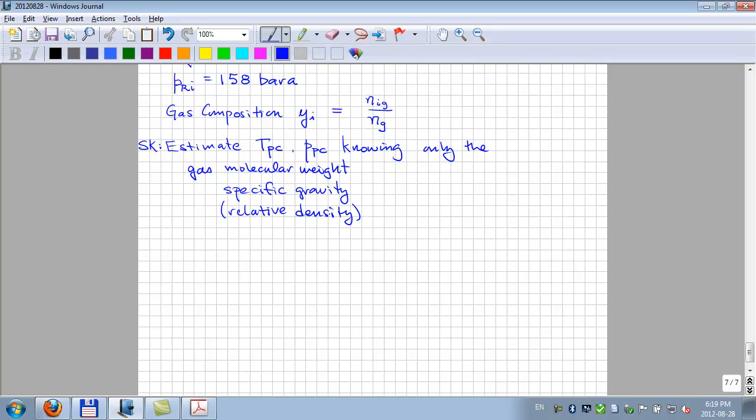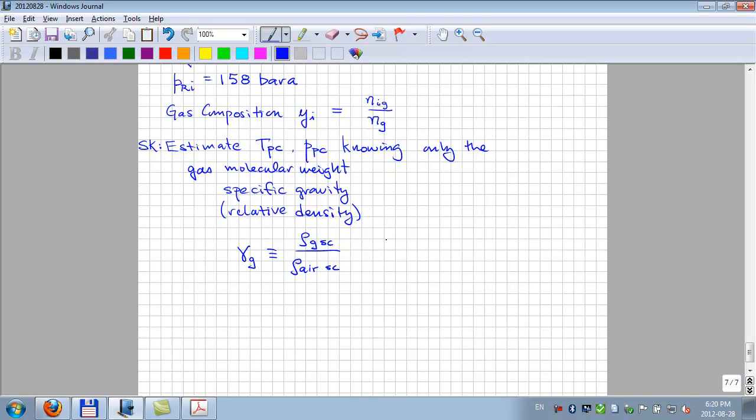The gas relative density is defined as the gas density at standard conditions divided by the air density at standard conditions. And we're going to use 60 degrees Fahrenheit and 1 atmosphere.